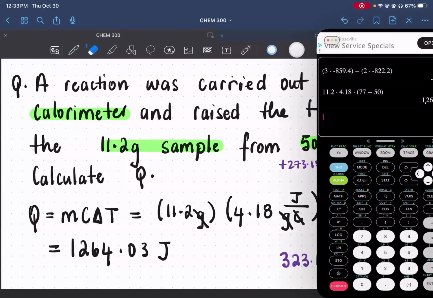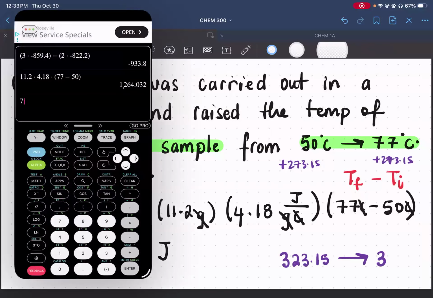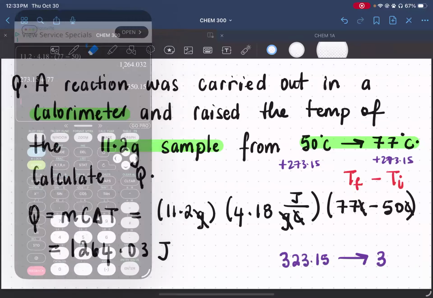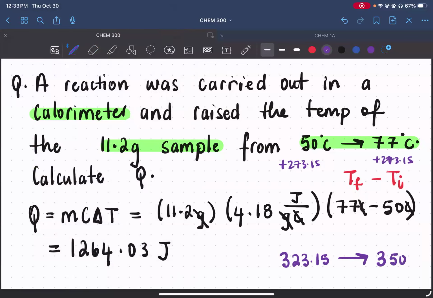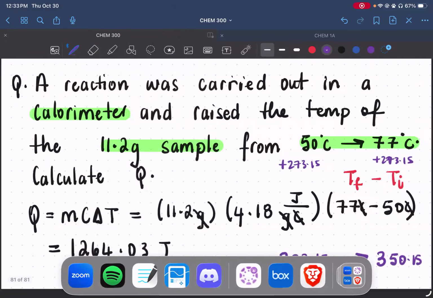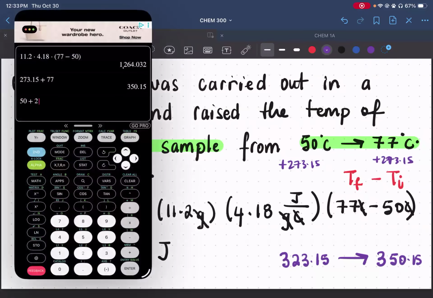I don't want to make a mistake with the math. 273.15 added to 77 looks like 350.15. Let me just make sure, the same thing for the 50: 50 plus 273.15 is 323.15.